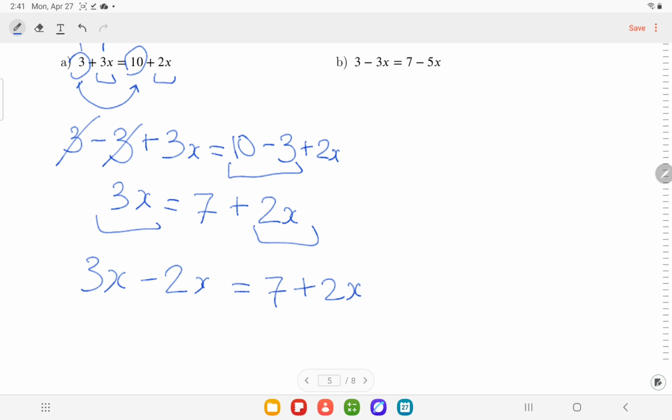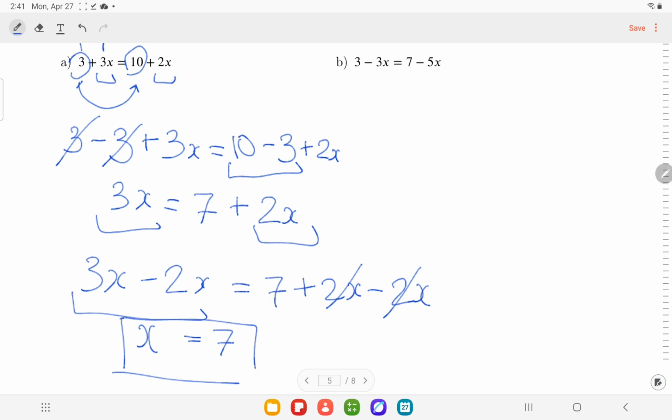It depends on what you would like to do, but both work. You should get the same answer either way. So if you would like to try doing it that way, that should also work out. So we will end up with x by combining these two like terms is equal to 7. And that doesn't need to be simplified any further.